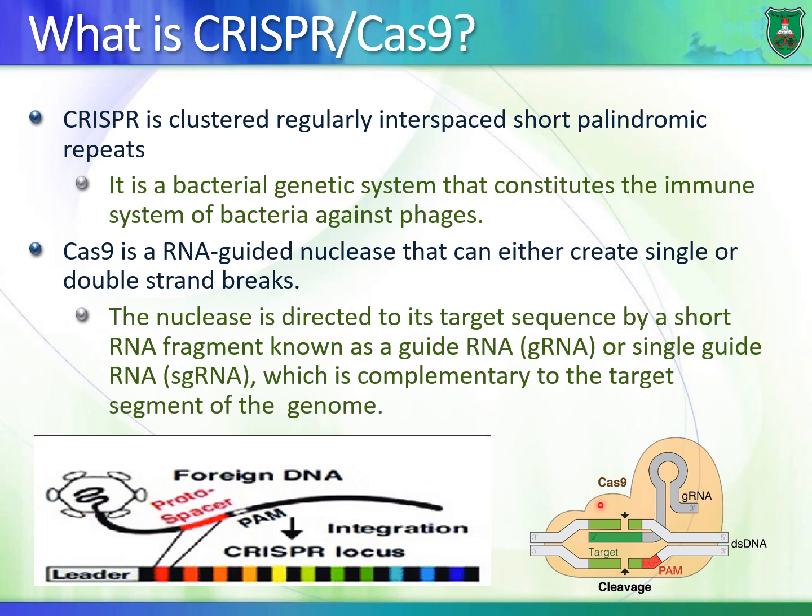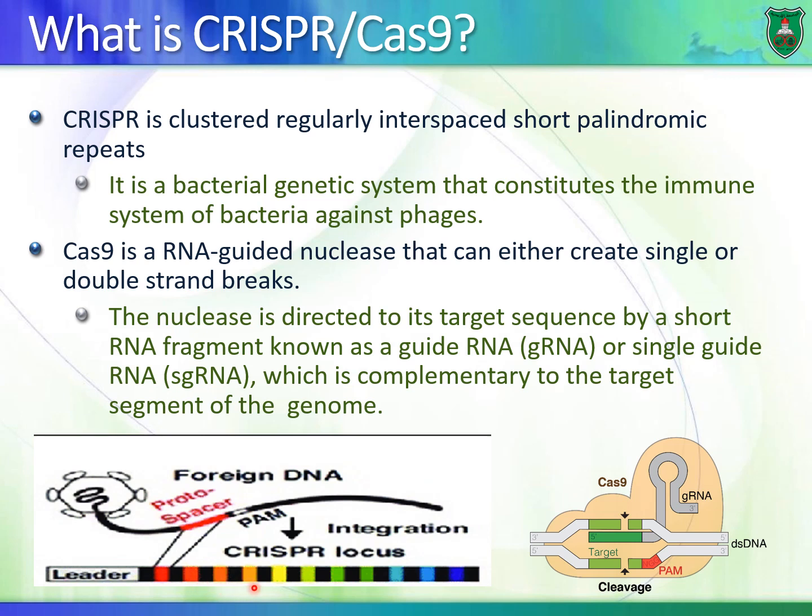Now, the RNA molecule is actually transcribed from the CRISPR system. These are the colored regions right here. So the black are the palindromic repeats, and the colored regions are portions of the bacteriophage DNA that gets inserted into the bacterial chromosome.